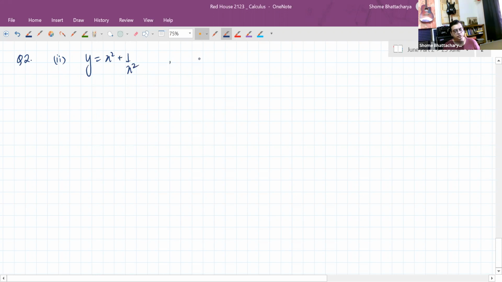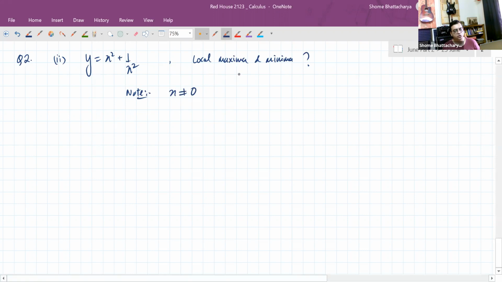We just want to find local maxima and minima, so here we need not bother about domain and range. But looking at the function, you can see one thing over here, that x should not be equal to 0 because we have a 1 by x squared term.